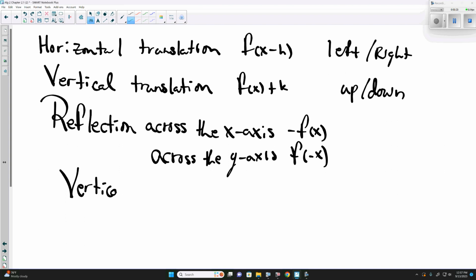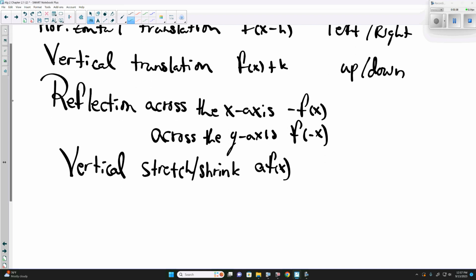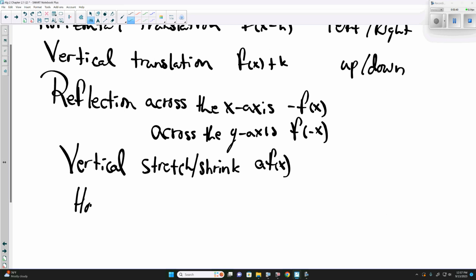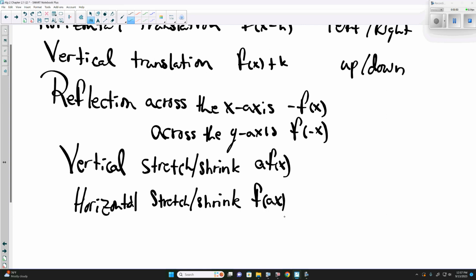Then we also had our vertical stretch or shrink, which is a times f(x). And our last one is our horizontal stretch or shrink, and this is f(ax).